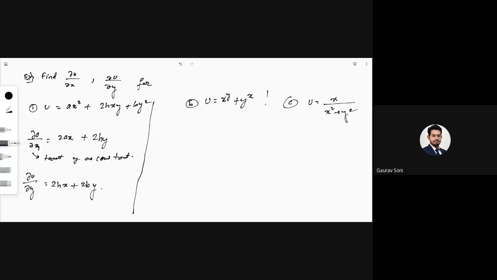So in the second one, b part, partial derivative of u with respect to x. Daksh, tell me. Daksh, are you listening?